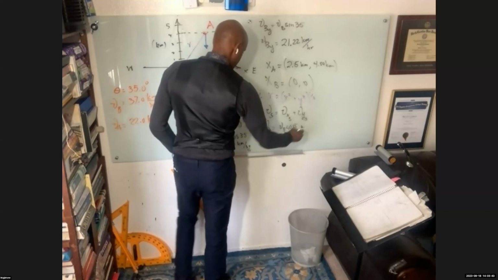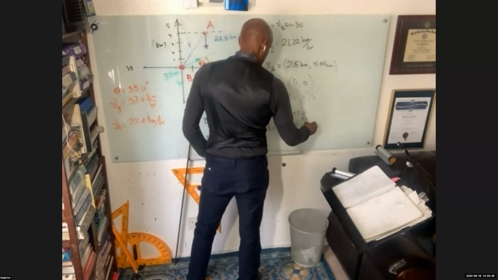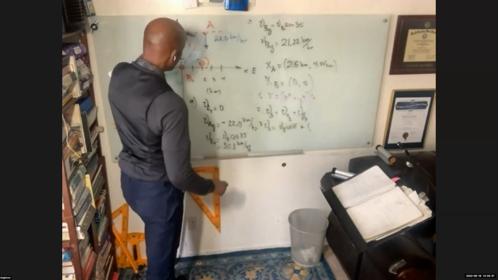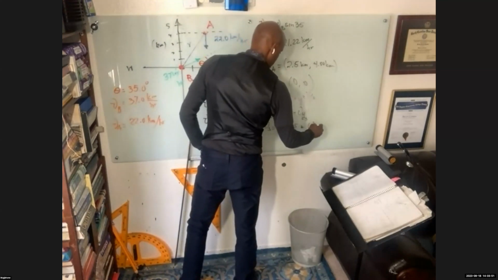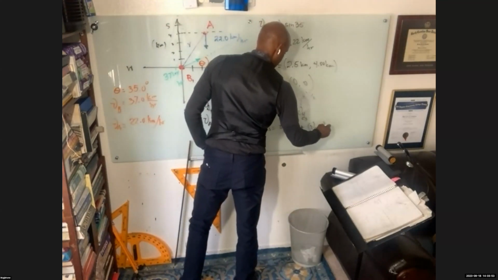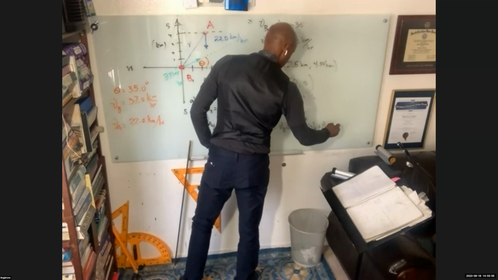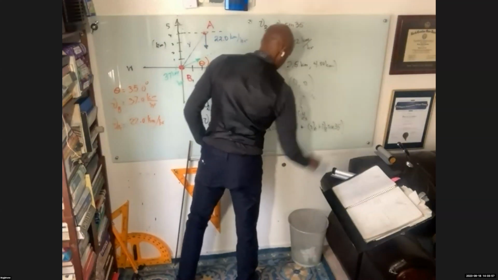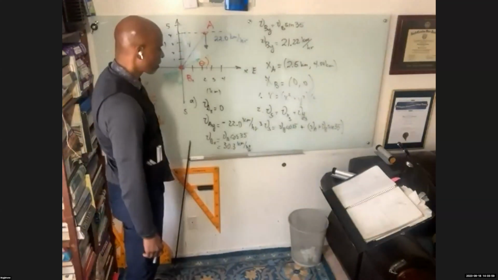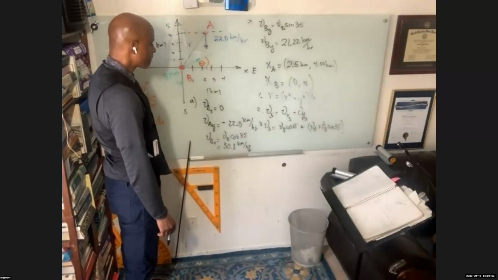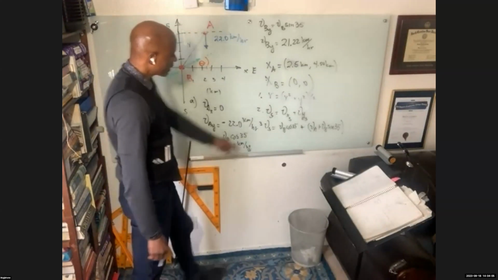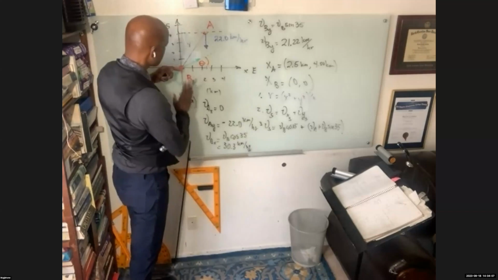But the y velocity of the space is going to be VA plus VB sine 35. Yeah, I'm going to go with adding right now when they're closing.